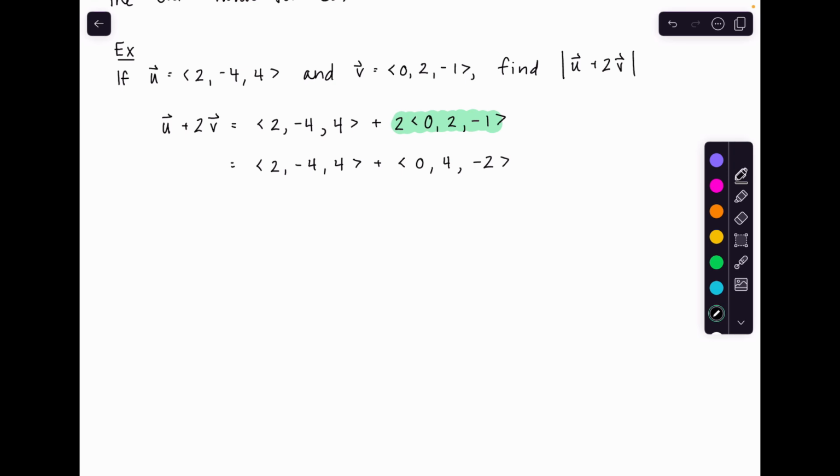Okay. You can absolutely skip this next part, but I'm going to add component-wise. So we need to do 2 plus 0 for that first part. Then we've got -4 plus 4 for the second.